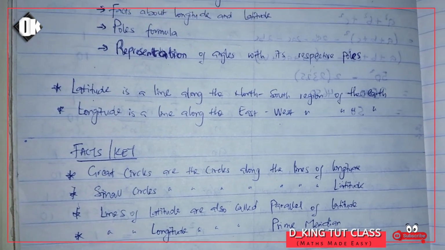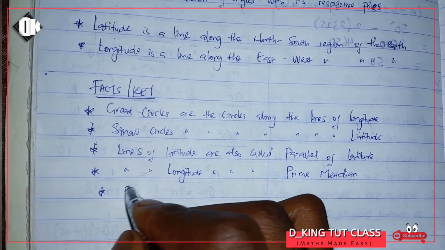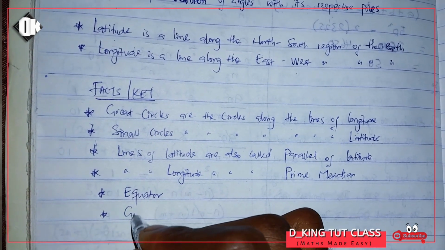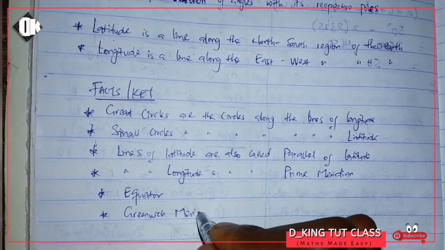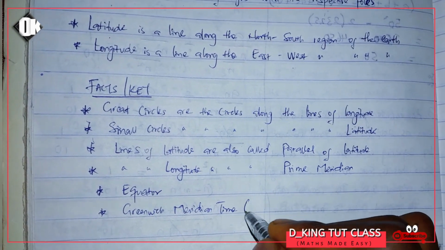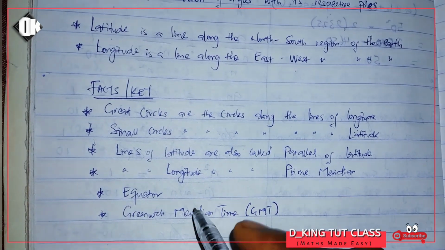Now, other things you need to know are this. We have what we call the equator, and we have what we call Greenwich Meridian Time, also known as GMT. Now, how do we mean by this?